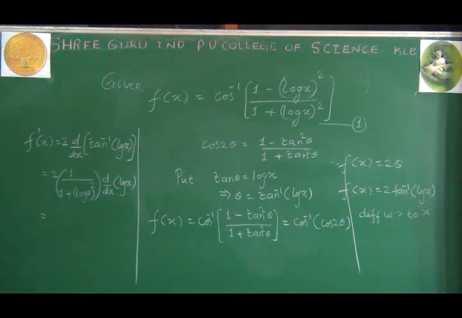As you know, the derivative of log x is 1 by x, so overall it becomes 2 divided by x into bracket of 1 plus log x whole square.